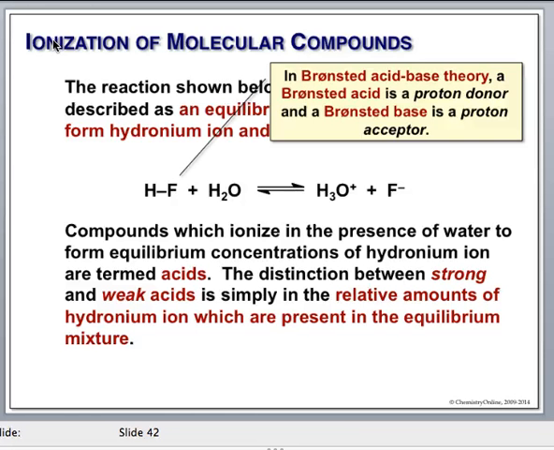However, if this reaction going back was much, much faster than the one going forward, that is, if recombination was much, much faster than going this way, then instead of having equal quantities, we'd have much more of this than we would these guys.